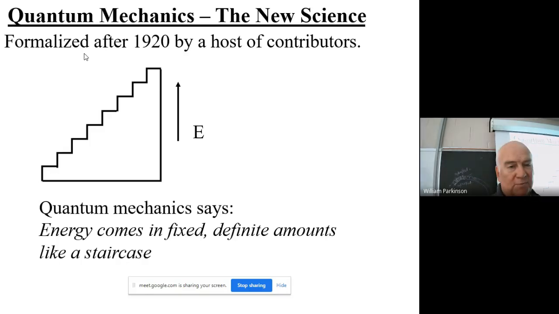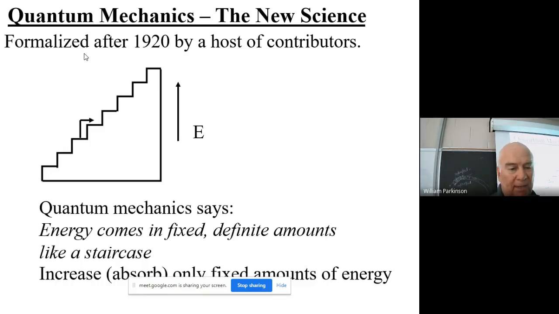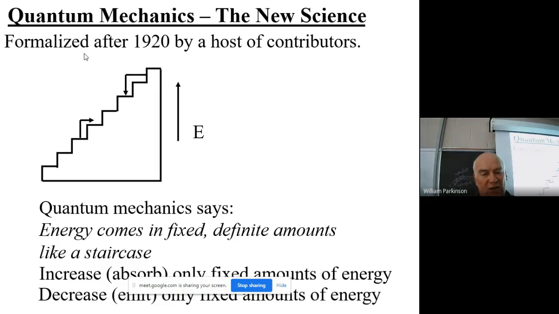So again, you can absorb energy and go up. You can emit energy and go down, but you must absorb or emit a fixed amount of energy. No varying amount, a certain amount that can be measured. And this was easily verified when scientists went and looked at the energetics of atoms.